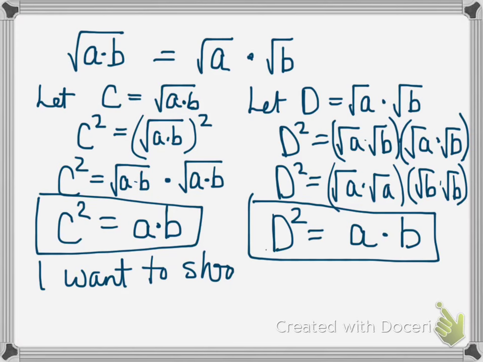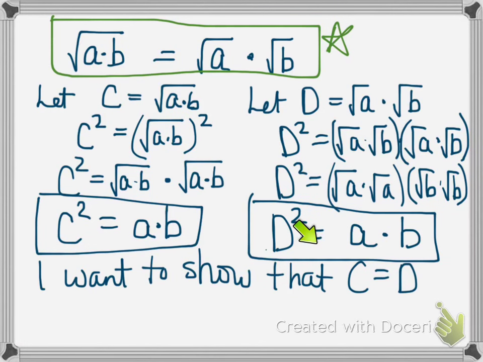Let me outline that in, let's go with green. This is what I'm trying to prove. I'm trying to prove this whole thing right here. So if I can show that C is equal to D, then I'll know that square root of A times B is equal to the square root of A times the square root of B. Okay? But I know now that C squared is equal to D squared, right?